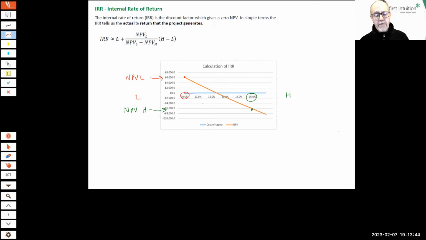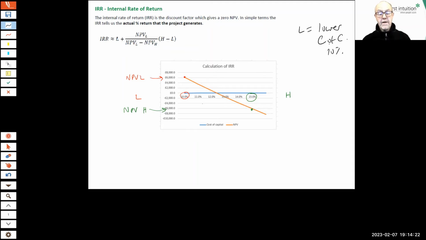Now, the scary bit: when we're asked to calculate an internal rate of return, they give us this horrendous looking formula, and it does look quite scary. In fact, if we look at what all the bits mean, L is we use a low cost of capital. And in this example, we've used 10%.